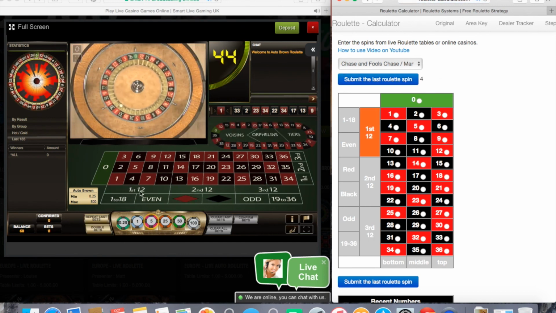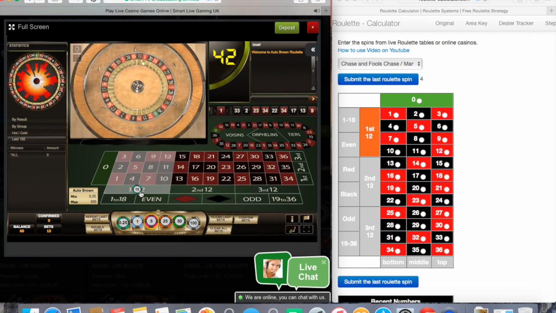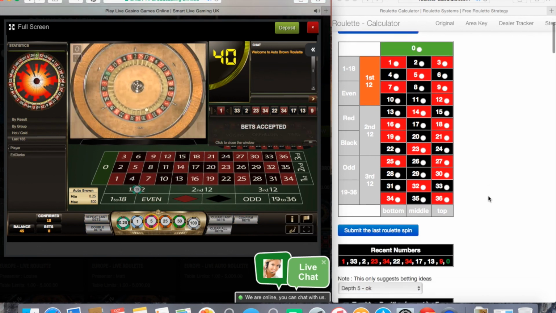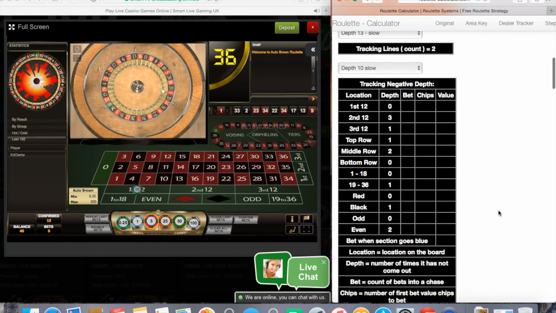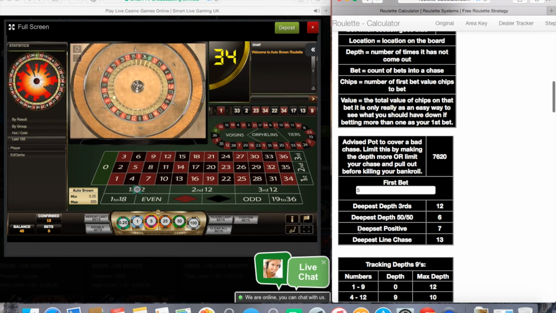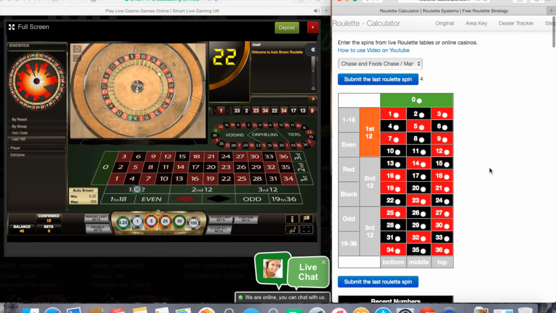We're 50% of the way through our bet, so we've got 2 more. And you can see the tracking positive now is at a depth of 7, which is the highest it's been. It was previously at 6, so you can see that moves up, and that helps you gauge where to set the betting, where the calculator flags up.